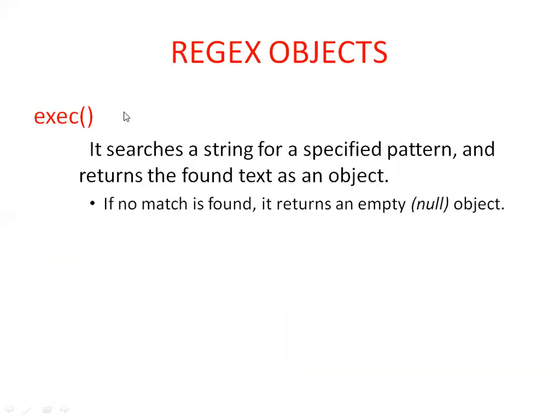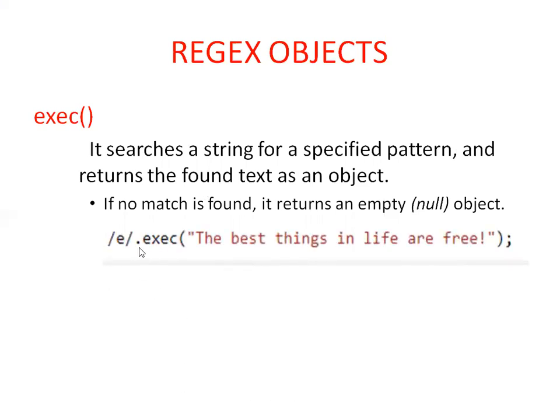So the next method is said to be exec. It is used to search a string for a specified pattern and return the found text as an object. So it will return the result as an object. Okay. If no match is found, it will return null as the output. So /e/ is the pattern object. As we all know, we can say this is pattern.exec. By calling the exec method, we can get the portion of the pattern.